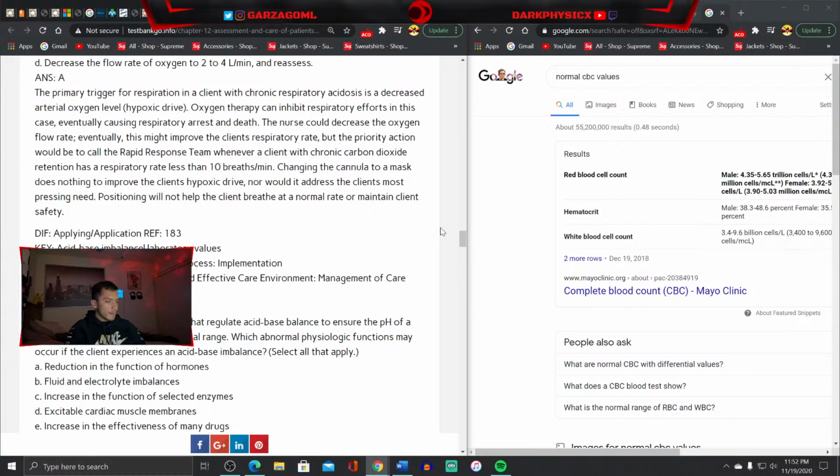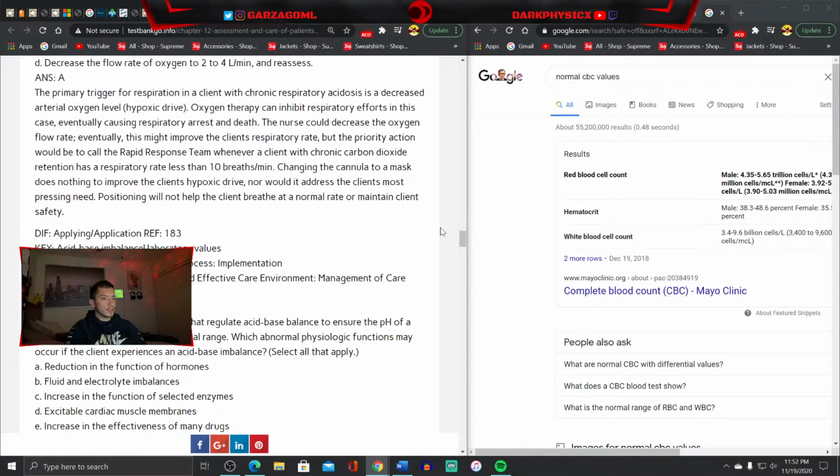Increase in the function of selected enzymes. Maybe. I already forgot the answers. Excitable cardiac muscle membranes. It depends. Increased effectiveness of many drugs.